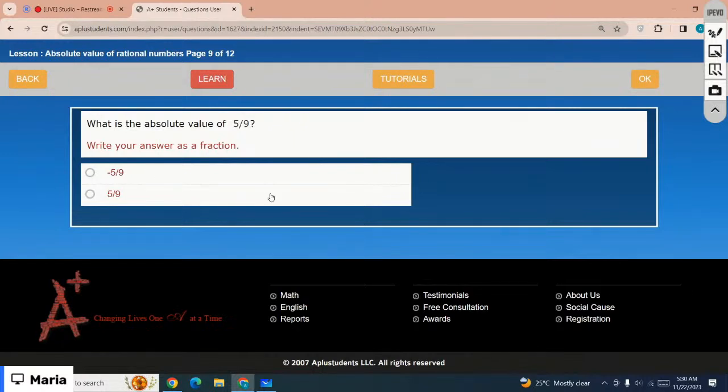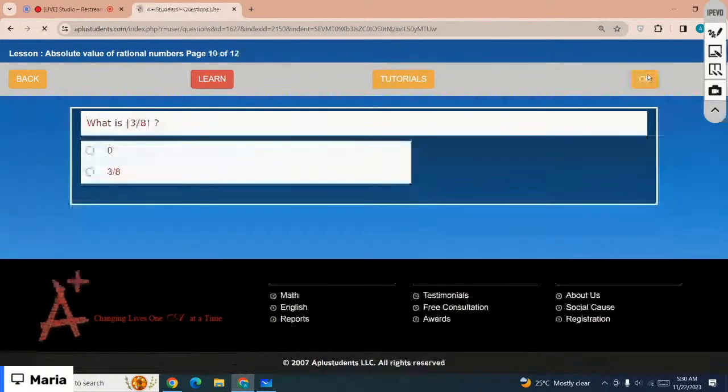Option number 2 is the correct option. What is the absolute value of 3 over 8? Yes, the correct option is 3 over 8.